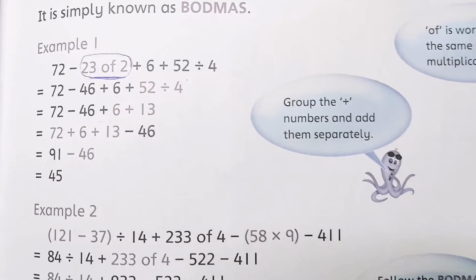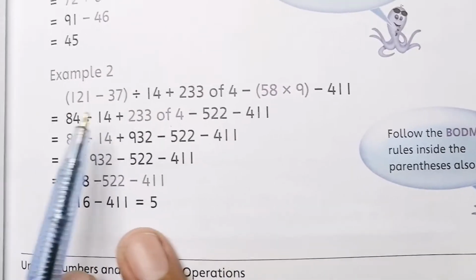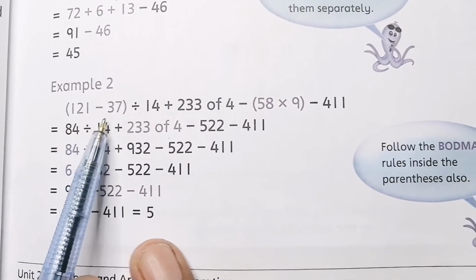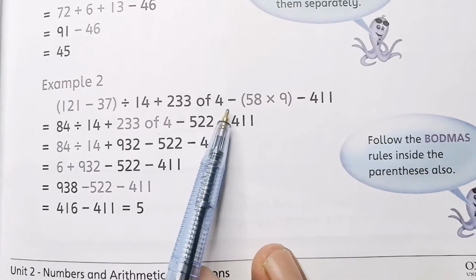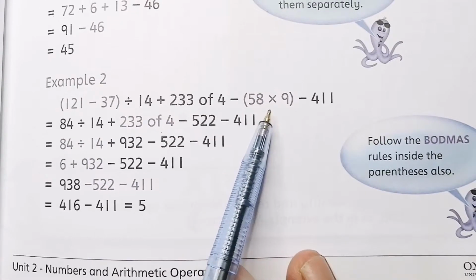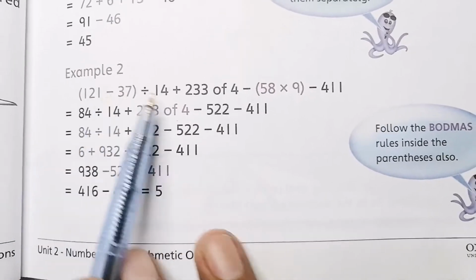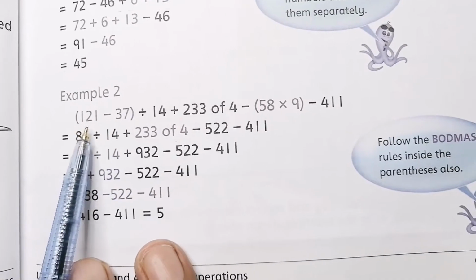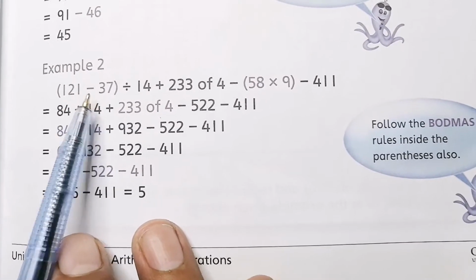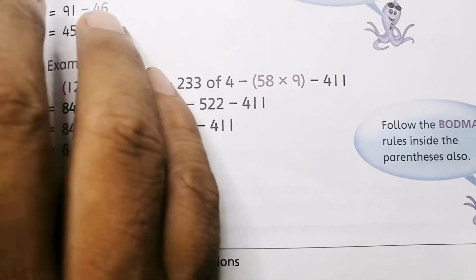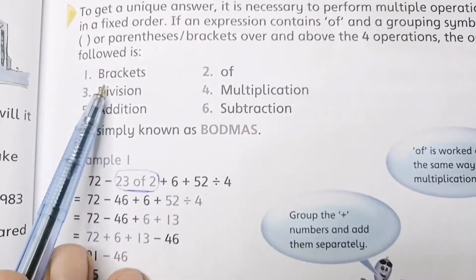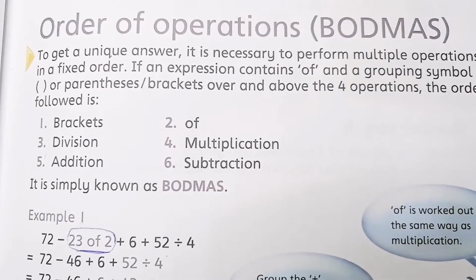Here in this question. And similarly, in this second example, a bracket is given, division is given, 233 of 4, then minus 58 multiply 9. So in this example you will see that first of all you will solve the bracket, whether it is subtraction or addition. As you have seen here, the brackets are in the first place.